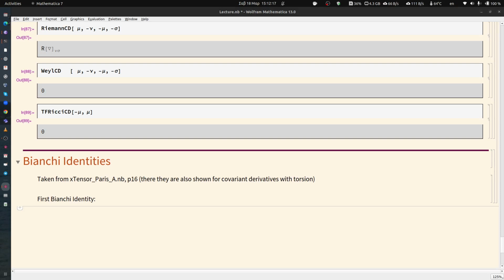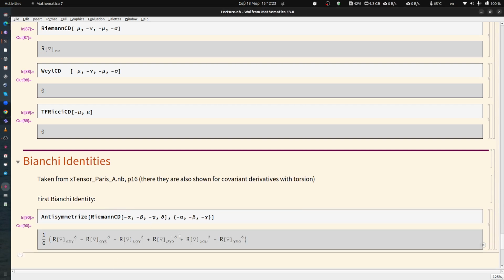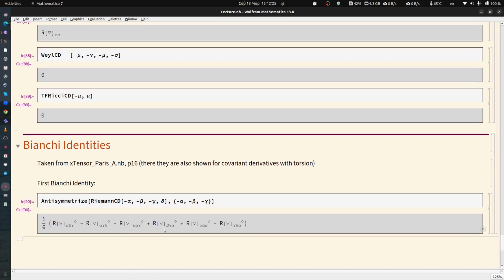So first, we write down the antisymmetrization of the Riemann tensor with respect to its first three indices. And we know that the first Bianchi identity tells us that this expression should be equal to 0.